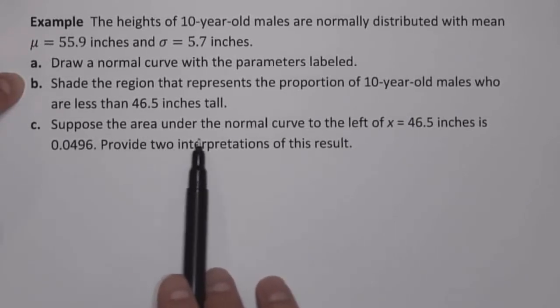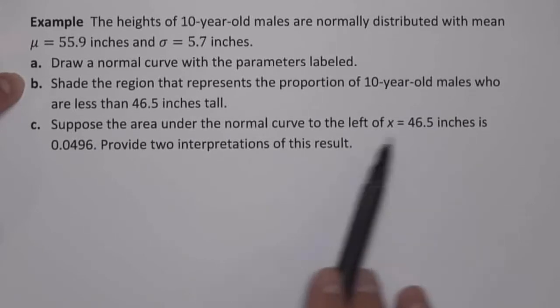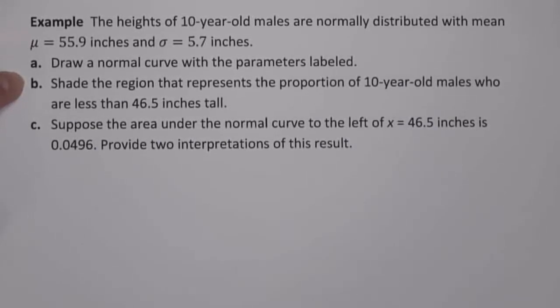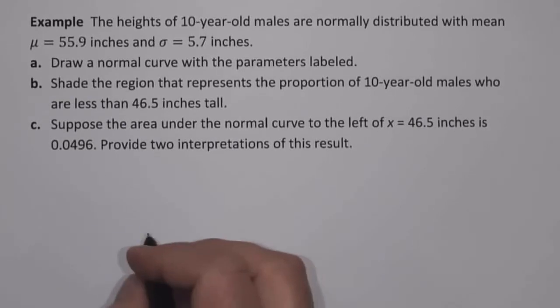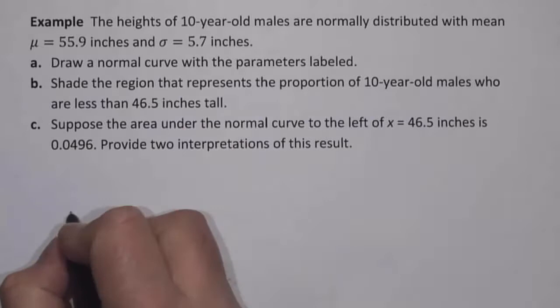And C, suppose the area underneath the normal curve to the left of 46.5 inches is 0.0496. We want to provide two interpretations of this result.